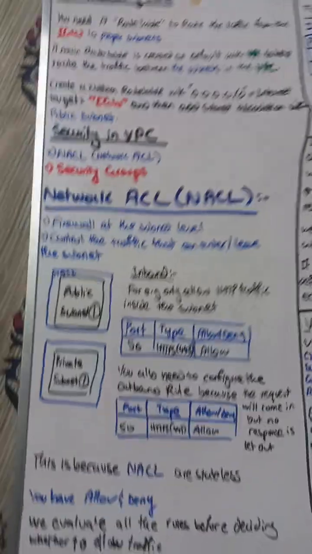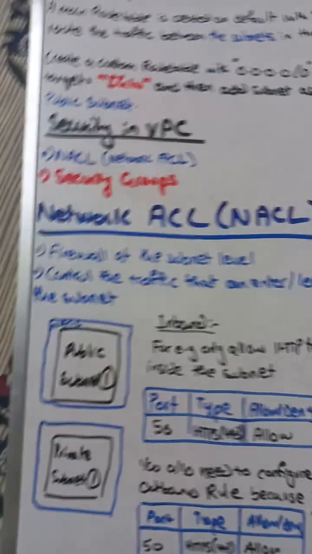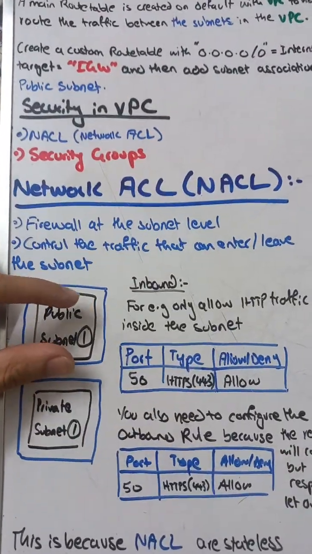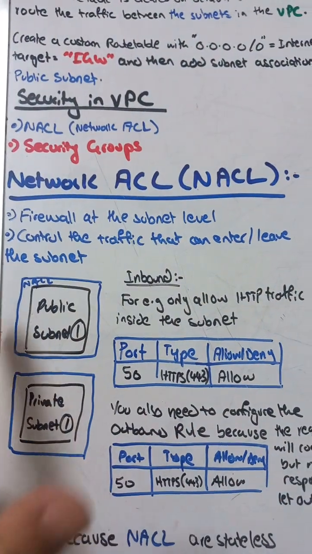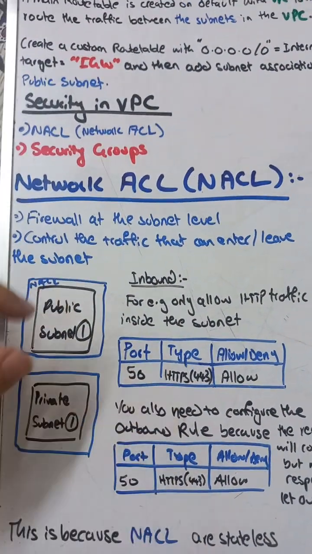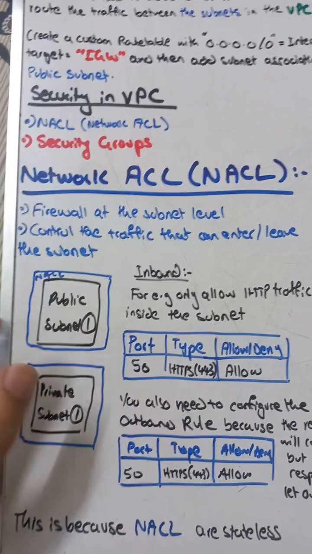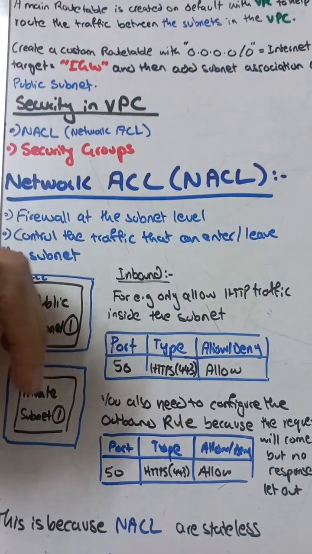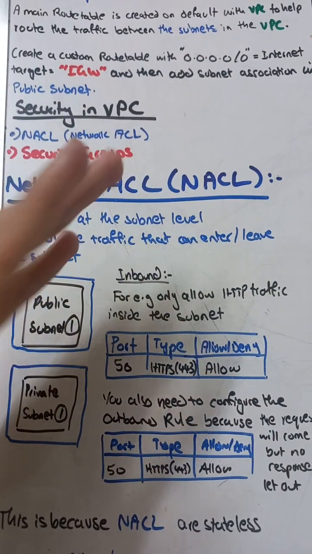In network ACL, you can imagine this as a firewall at a subnet level. So there's your subnet, and there's a firewall, a boundary outside of this, which is encapsulating your subnet. And this is basically controlling the traffic that can either enter the subnet or leave the subnet.